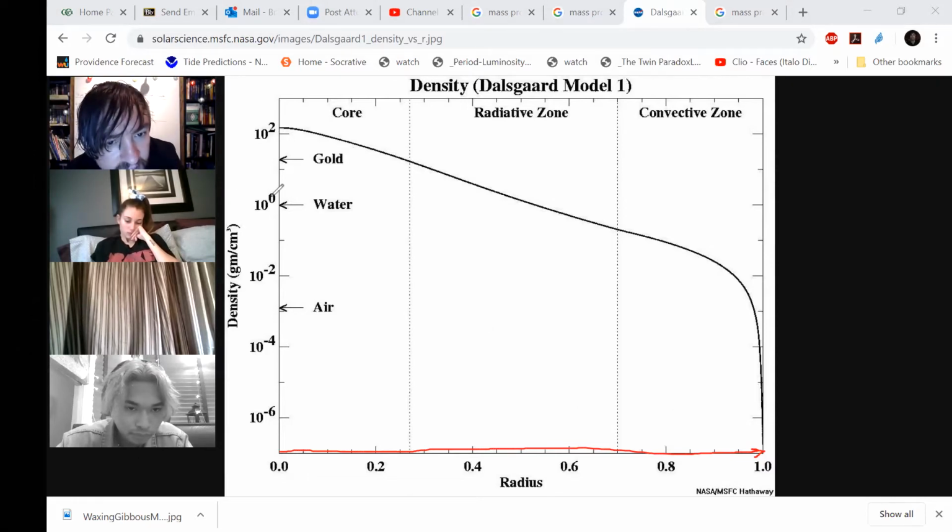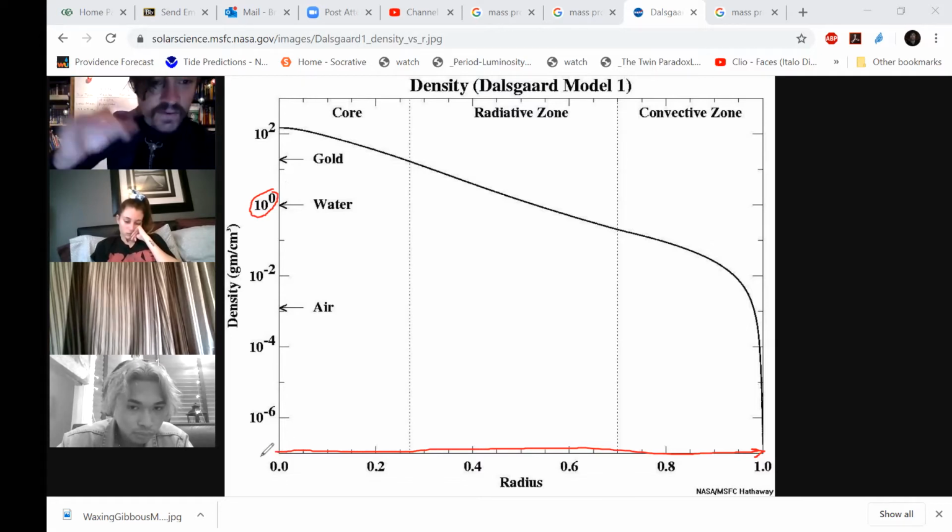If water has a density of 1 gram per cubic centimeter, the outer layer of the star, the photosphere, has a density of like 10 to the minus 7, 1/10,000,000th that of water. It's just a very tenuous, low density gas, even lower density than the air in the rooms that you're breathing.